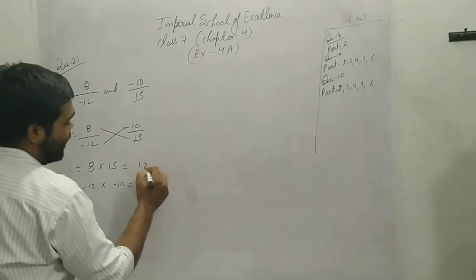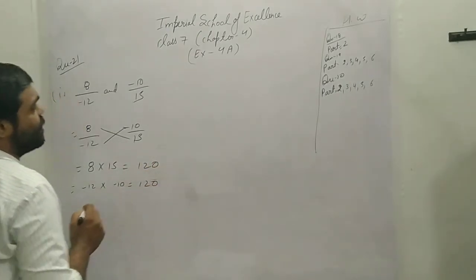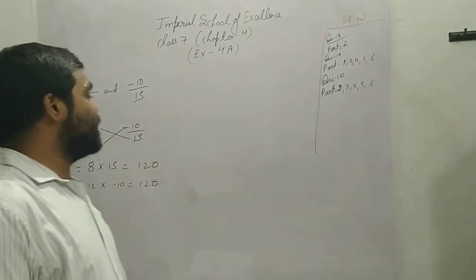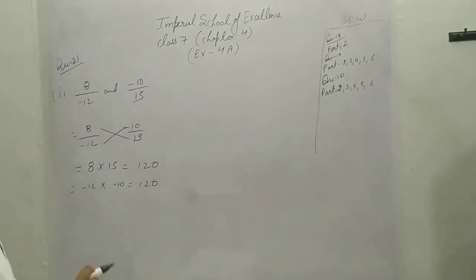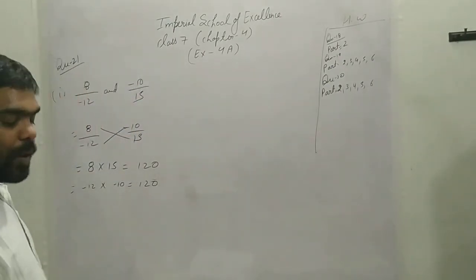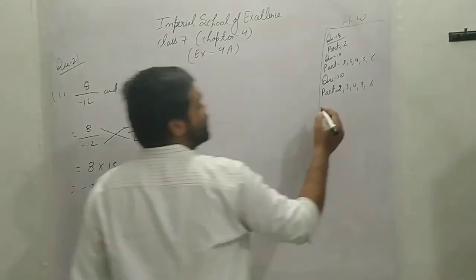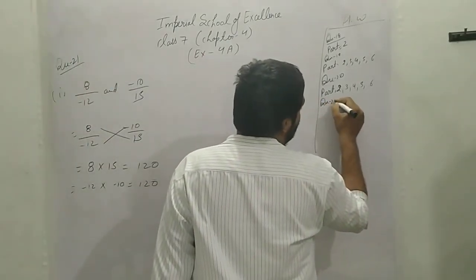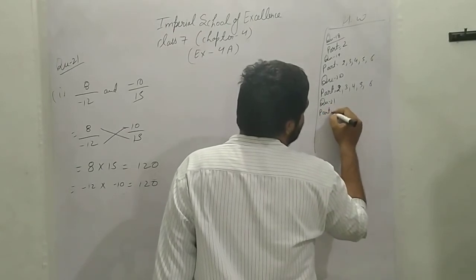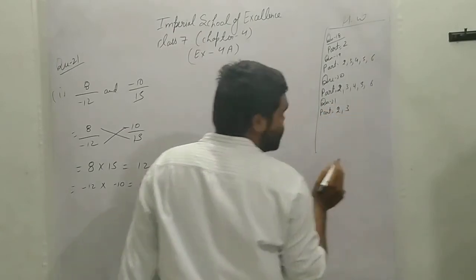It would be 120. Here also 120, which means 8 upon -12 and -10 upon 15 are equivalent, equal to each other. Okay. Question number 2nd and 3rd in question number 21 are your homework.